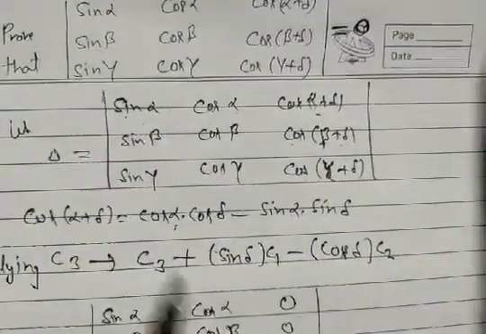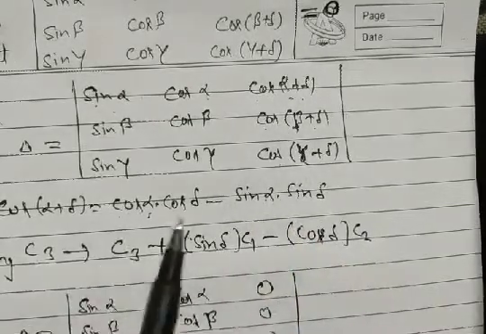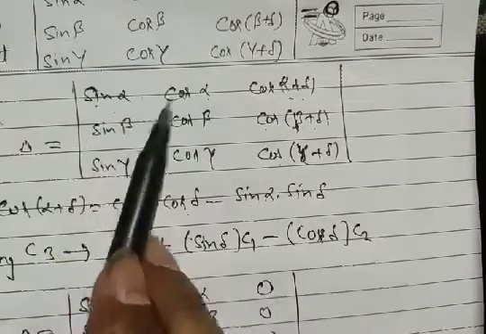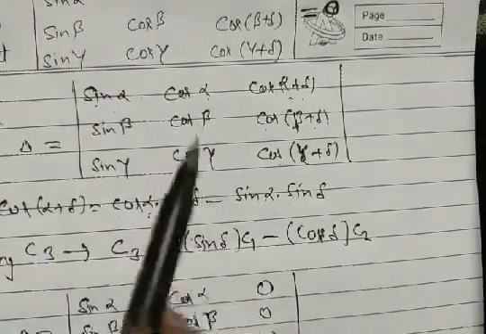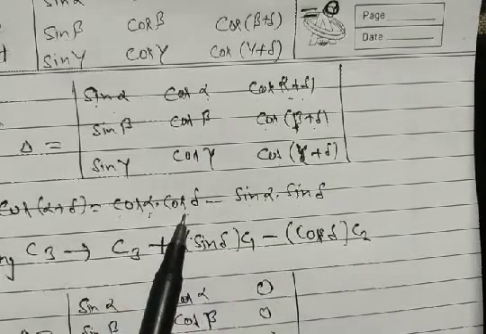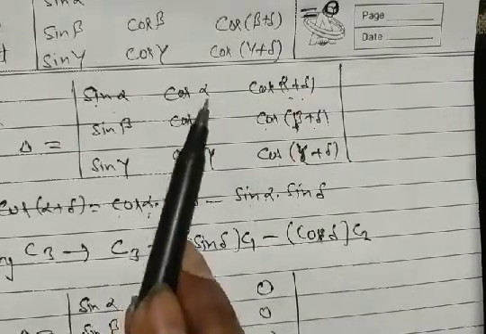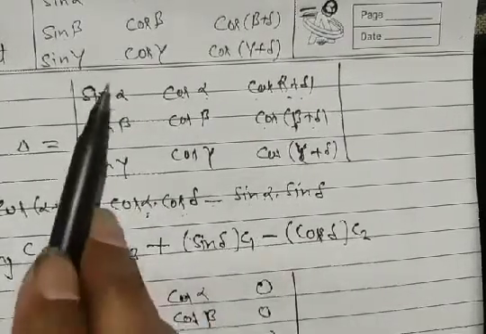I'm going to revise it again. Since cos(alpha plus delta) is cos alpha into cos delta minus sine alpha into sine delta, we have here sine alpha, cos alpha. We need sine delta and cos delta. We multiply C2 by cos delta; these terms are positive. Then we subtract by multiplying cos delta. Here is sine alpha, we need sine delta, multiply with sine delta.